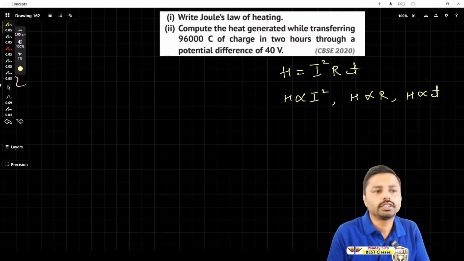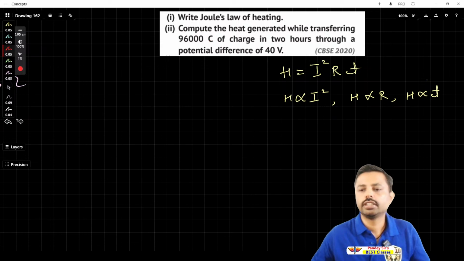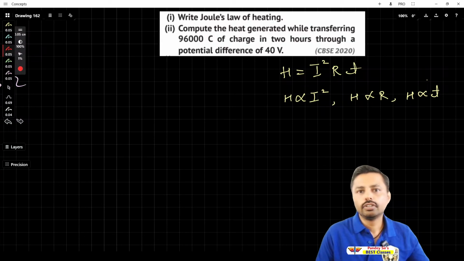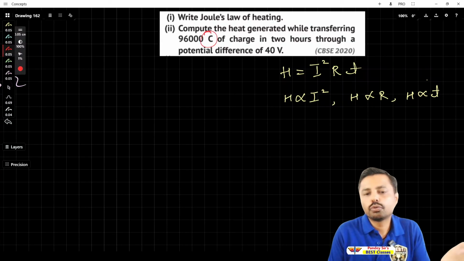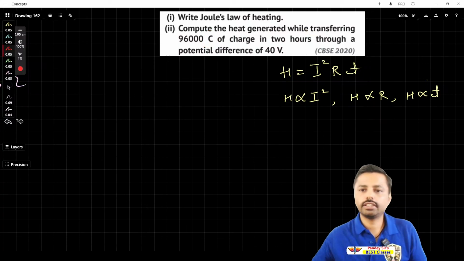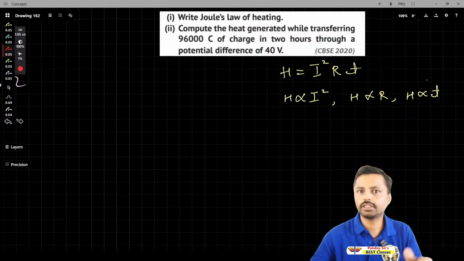Now, in this question we have to find the heat transferred when 96,000 coulomb of charge flows in 2 hours. Again, you might say, sir, coulomb is given, ampere not given, 2 hours, what is that? 60 minutes or 60 seconds should be given. What should we do? Don't worry, just try once.